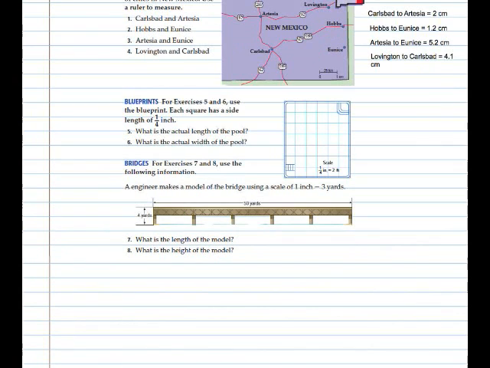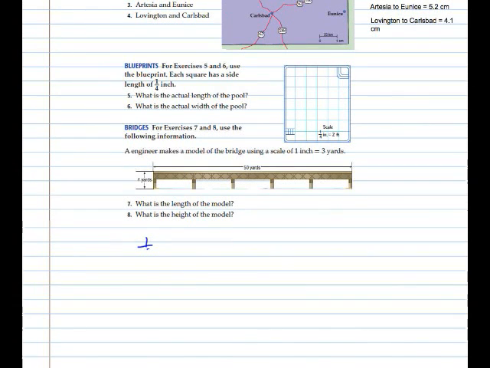Example number 5. What is the actual length of the pool? Well, our scale is 1/4 inch to 2 feet. When we measure the length, we get 1, 2, 3, 4, 5, 6, 7.